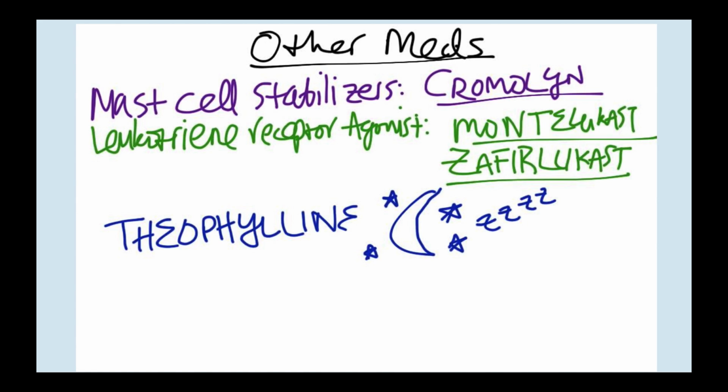So how it works is it's a phosphodiesterase inhibitor. And if you remember back to your step 1, that has to do with that cyclic AMP and protein kinase A pathway, which ultimately relaxes bronchial smooth muscle. But it also is an adenosine receptor antagonist. And where do we see adenosine receptors? Where do you give adenosine?